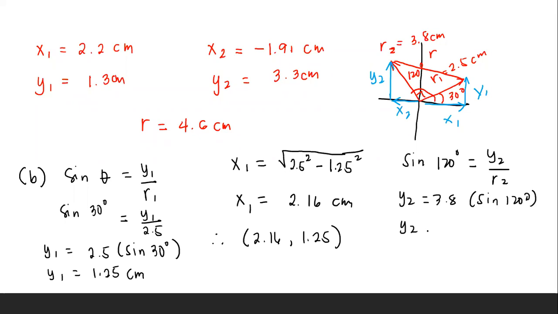Therefore, Y sub 2 is equal to 3.29 centimeter. Okay. X sub 2 is equal to square root 3.8 squared minus 3.29 squared. X sub 2 is equal to 1.9 centimeter.